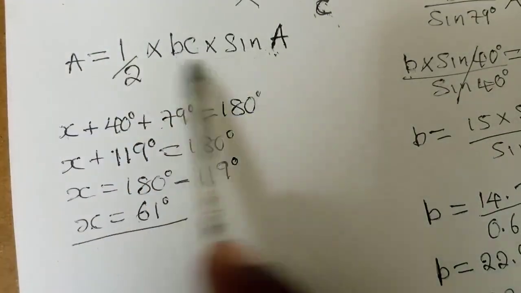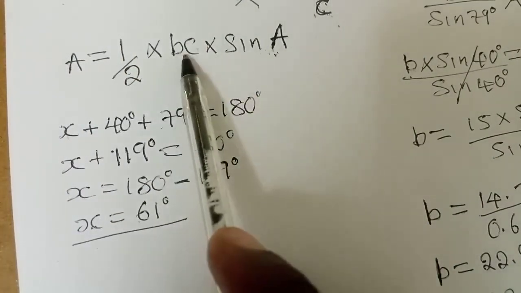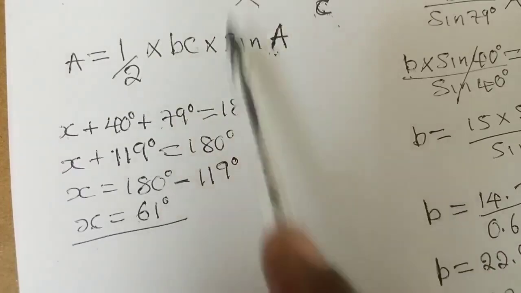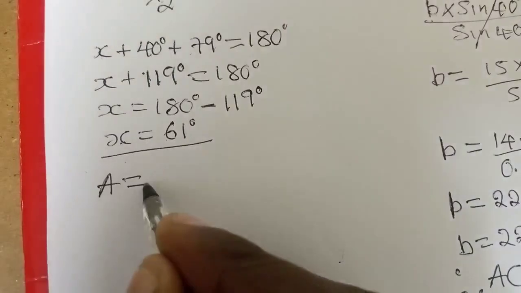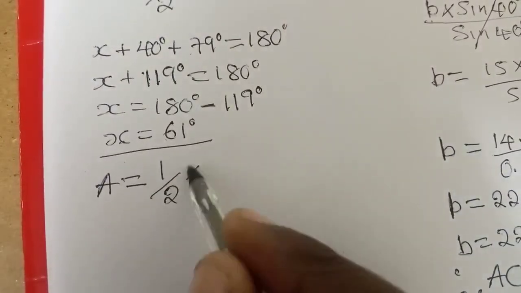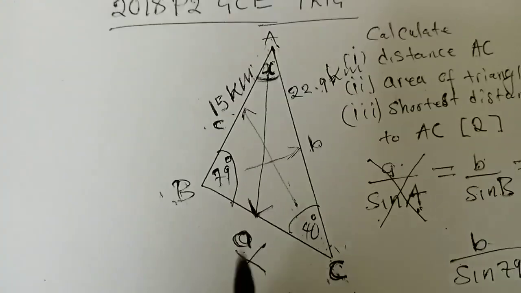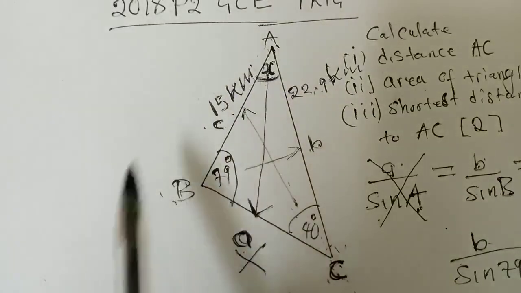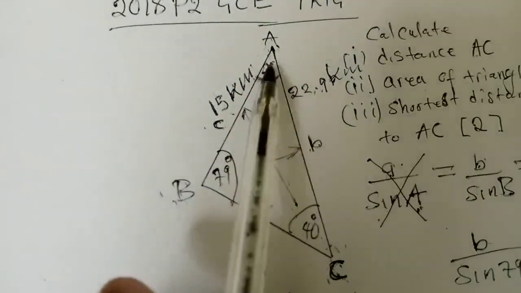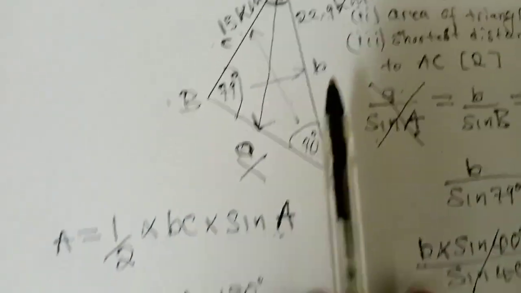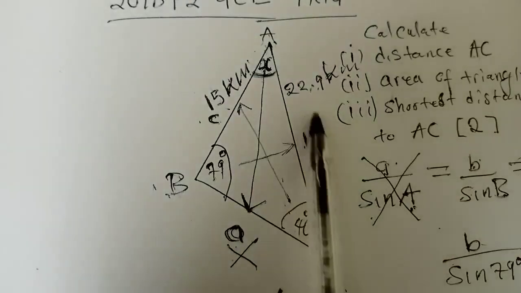So the formula for the area is this one. Area is equal to half BC. I said that these are the distances that surround the angle. So the formula is A equal to half times B times C times sine A. We are using this angle to find the area, because these are the distances that surround this angle here. So there is 15 and 22.9.